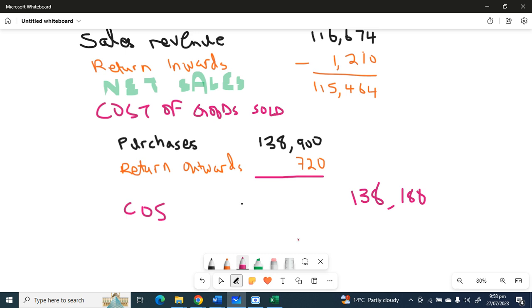So to get your gross profit, it's sales revenue minus the cost of goods sold. What do we get? 115,464 minus 138,180.